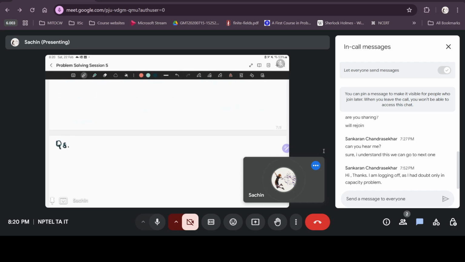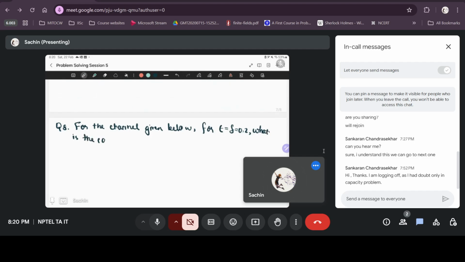Question 8. For the channel given below, for epsilon equals delta equals 0.2, what is the capacity? The channel is as follows.